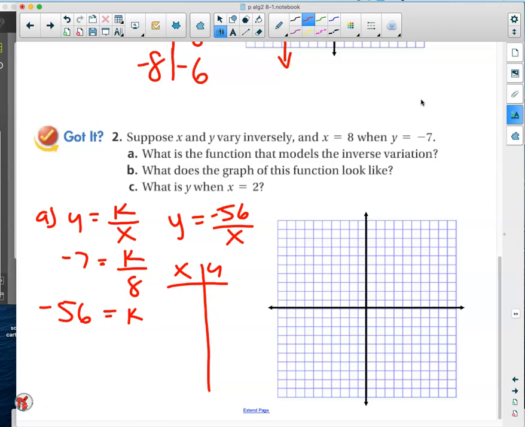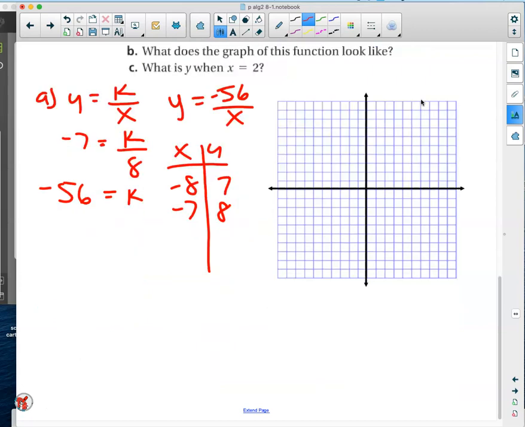Because we'll have two negatives, if I put negative 8 in, I'm actually going to get a positive 7. And if I put negative 7 in, I'll actually get positive 8. Well, I want a couple more. So I think, what would happen if I do put the positives in? So if I put a 7 in and an 8 in. Well, if you put a 7 in, you get negative 8. And if you put an 8 in, you get negative 7. We're still going to see the two branches.